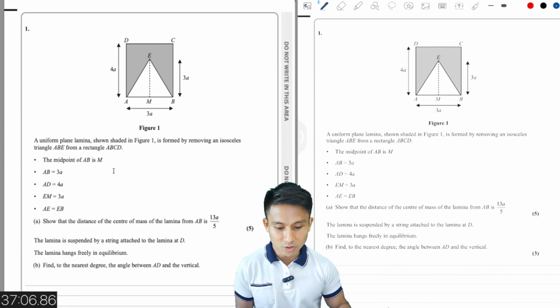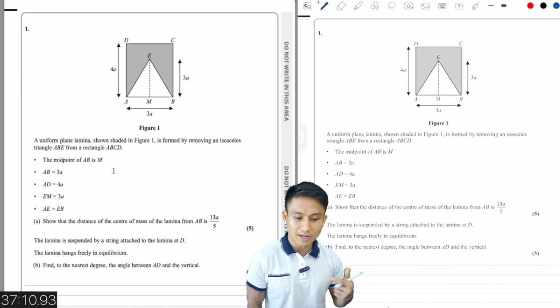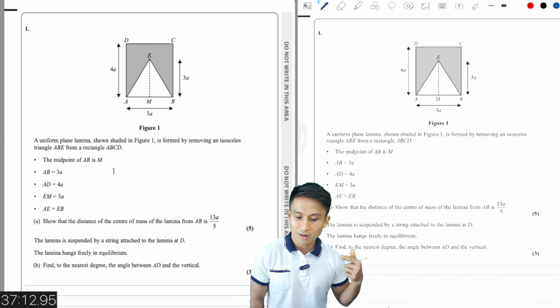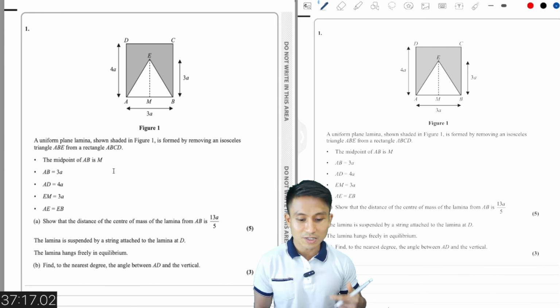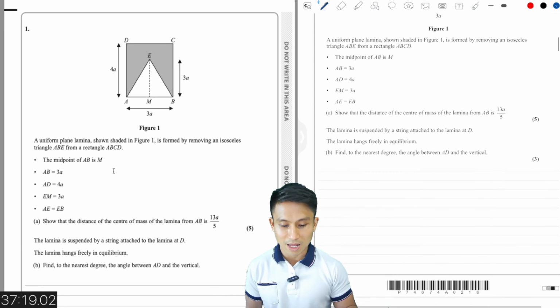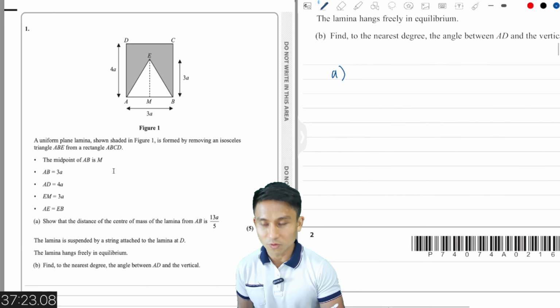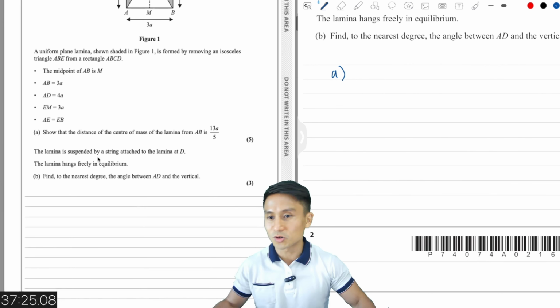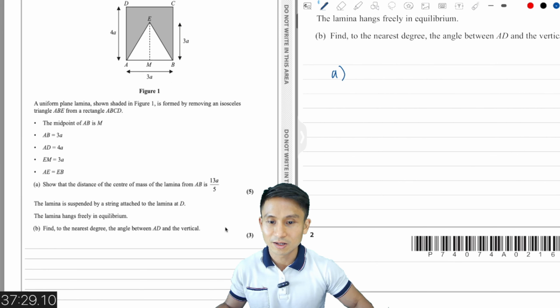A uniform plane lamina, shaded in figure 1, is formed by removing the isosceles triangle ABE from a rectangle ABCD. The midpoint of AB is M and so on. I'm not going to read them all, I'm just going to focus on what's being asked here. Show that the distance of the center of mass of the lamina from AB is 13a over 5.